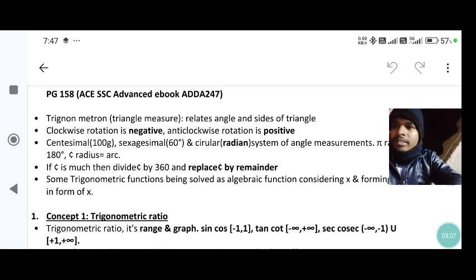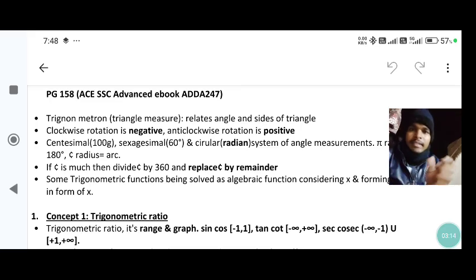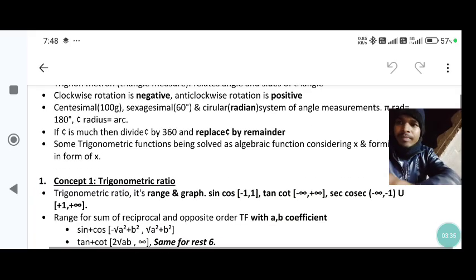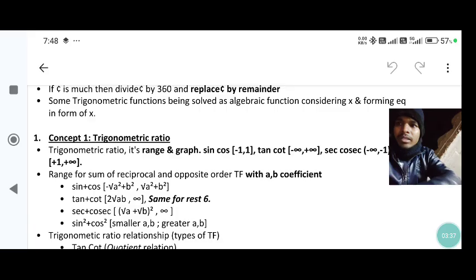Coming to the next point: if theta has a very large value in any trigonometrical term, that is, more than 360 degrees or even much more, then we divide it by 360 degrees and replace theta by the remainder.